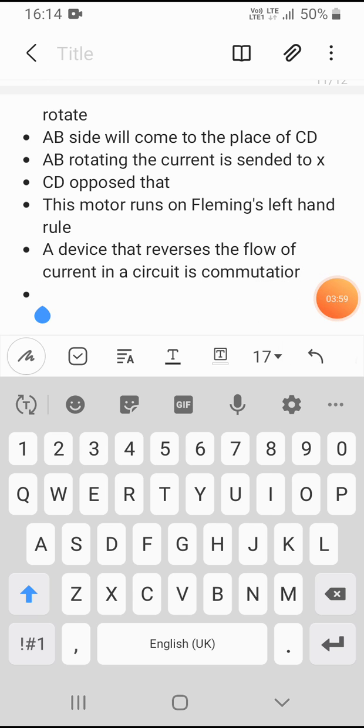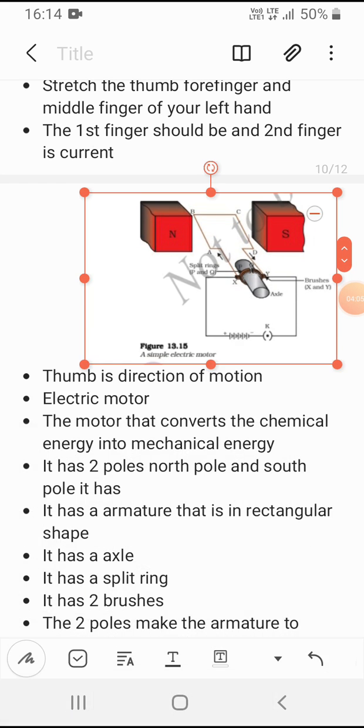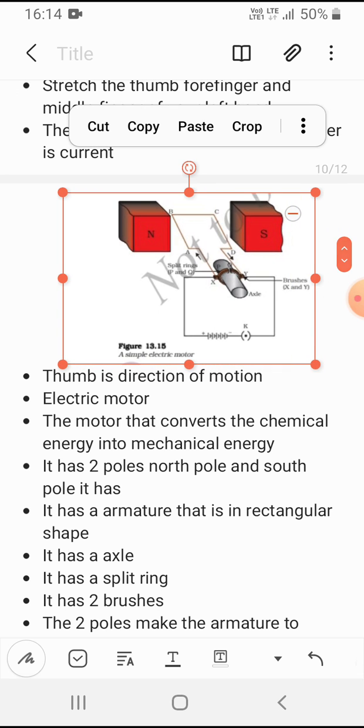And also, see, you take your left hand and keep it on that. The current is going from A to B and coming from D to C, so AB is carrying the current, and there is a magnetic field.